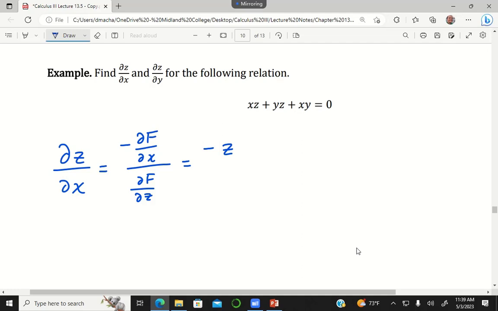Minus z minus y. Or you could do this, right? Okay. And then in the denominator we would have x plus y. Cool.